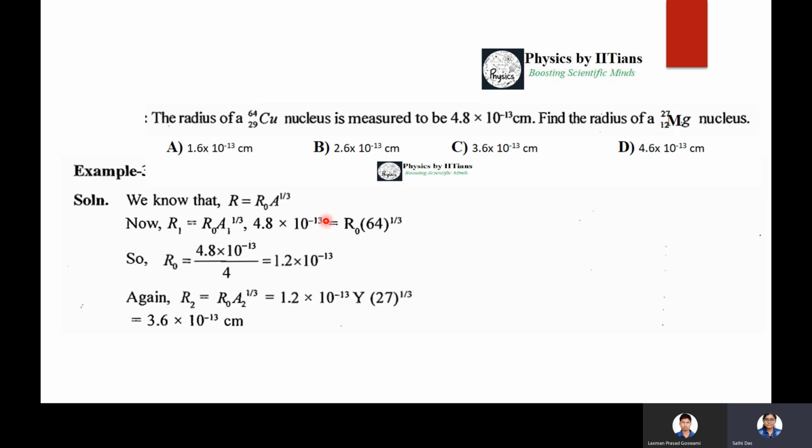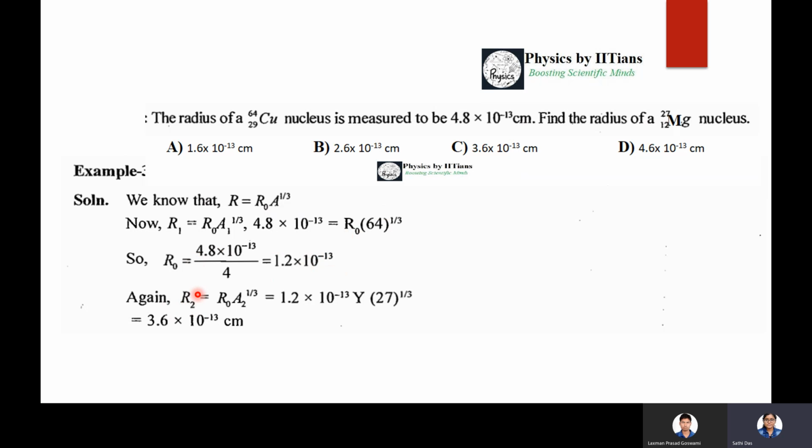R1 is given as 4.8 into 10 to the power minus 13. So it equals R naught into 64 to the power 1/3, where 64 is the mass number. So R naught will become 1.2 into 10 to the power minus 13.